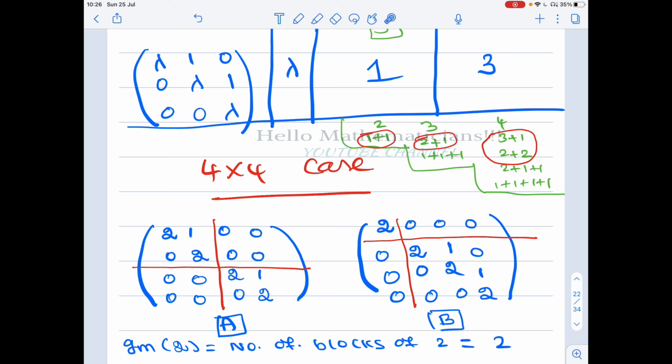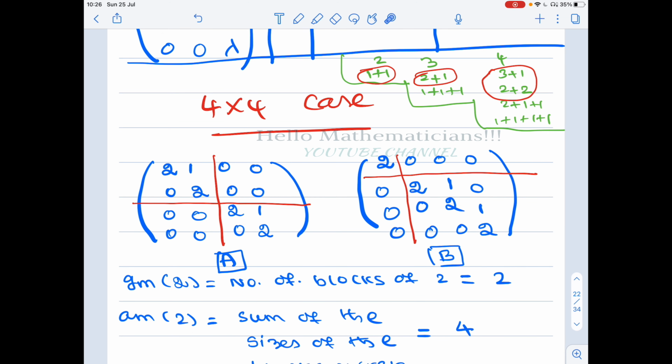Suppose I tell you it is a 4 by 4 matrix, all the eigenvalues are equal, the algebraic multiplicity is 4 and the geometric multiplicity is 2. Then you don't know whether the Jordan form is this one or this one.